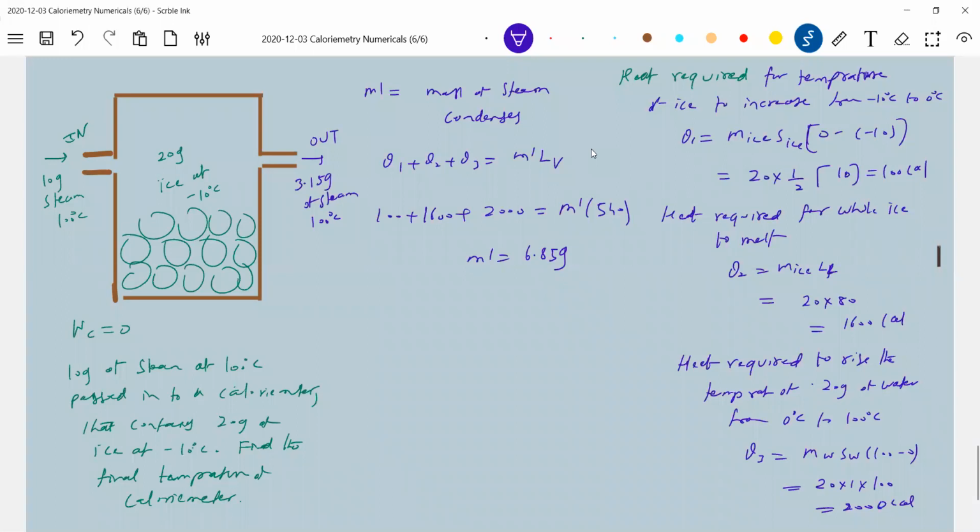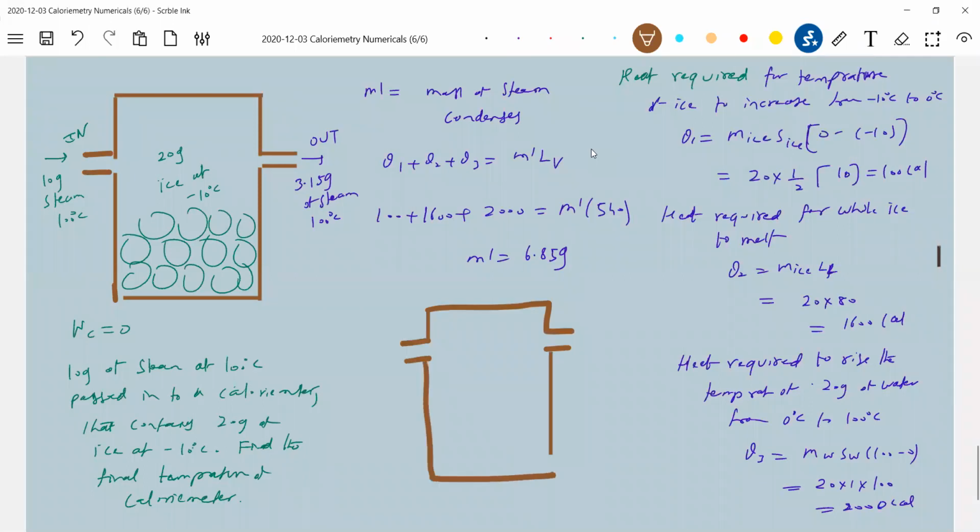So what will be the final, at least if you are able to understand, it's good, because if you check the Advanced, we have questions based on this. What I'm discussing, similar to this one. 3.15 grams of steam at 100 degrees Celsius will leave.